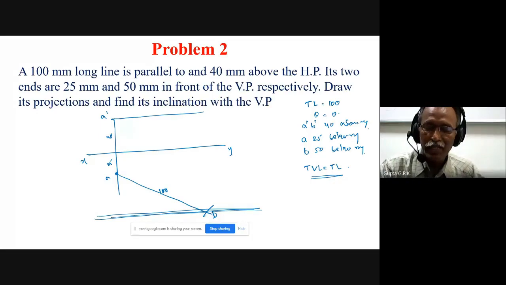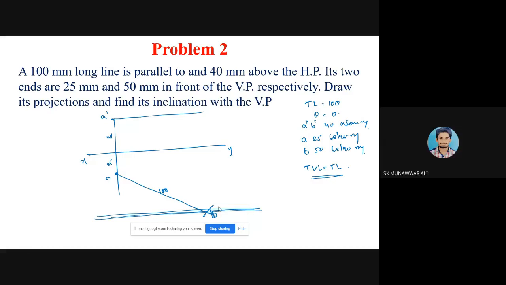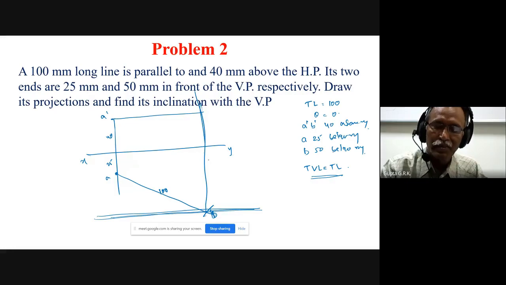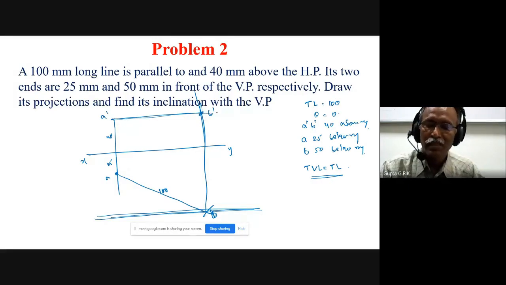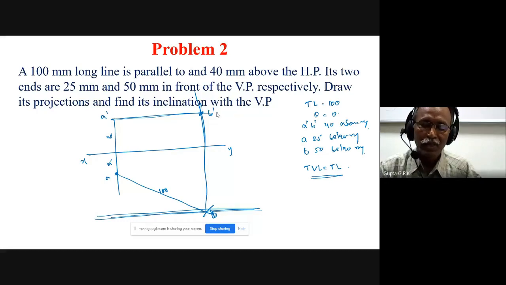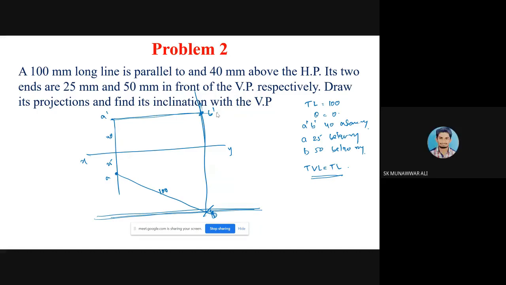So I got B. So where will B dash be? Whenever I know one point, I draw the projector, and B dash should be on this line. So this is the way I have to go about it. Is everything clear? Yes, sir.